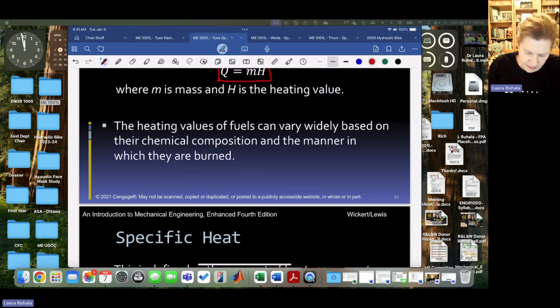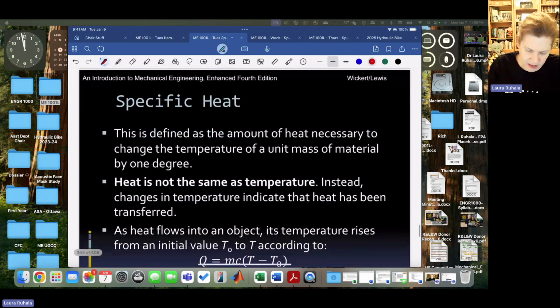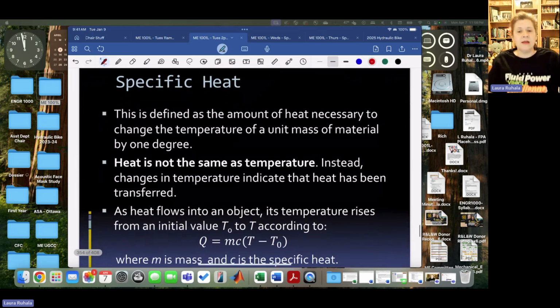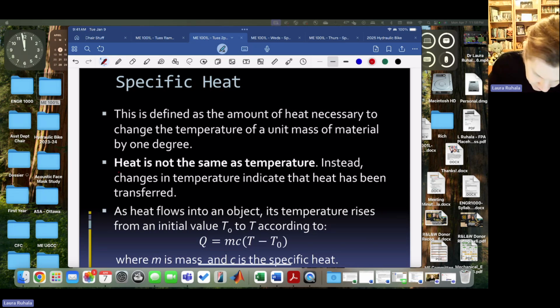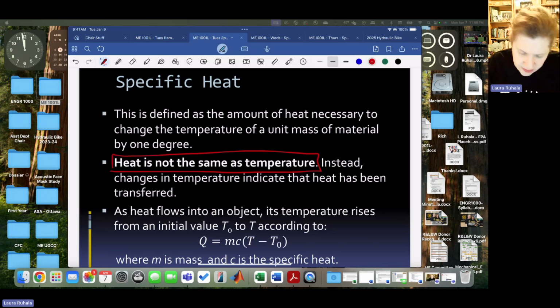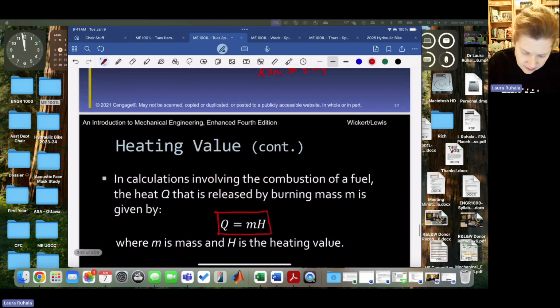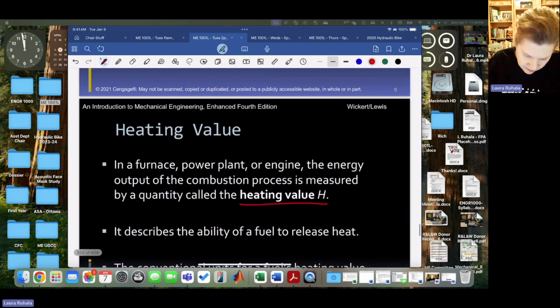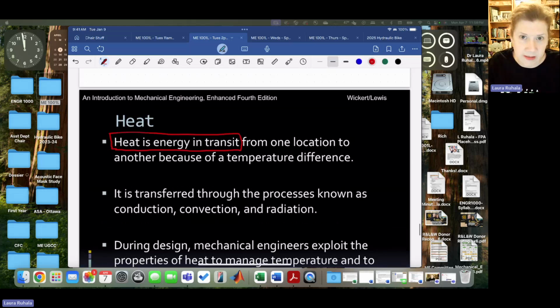Okay, and then we have specific heat. Specific heat is the amount of heat necessary to change the temperature of a unit mass by 1 degree. Heat is not the same as temperature, because remember, heat is energy in transit.